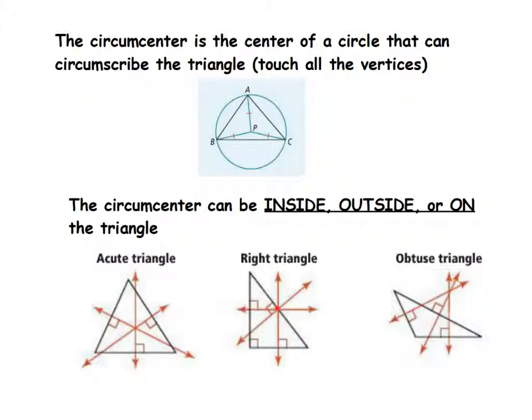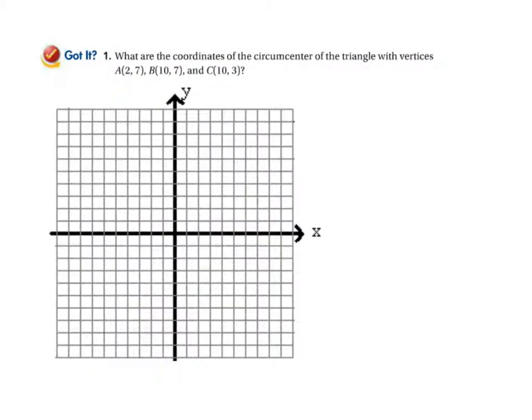It'll land right there. And if you make that triangle an obtuse triangle, that means you have just one obtuse angle in your triangle. Then when you draw all the perpendicular bisectors, the circumcenter actually ends up outside of your triangle. All of those are possibilities.